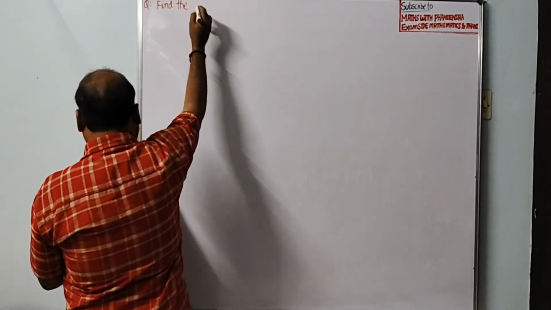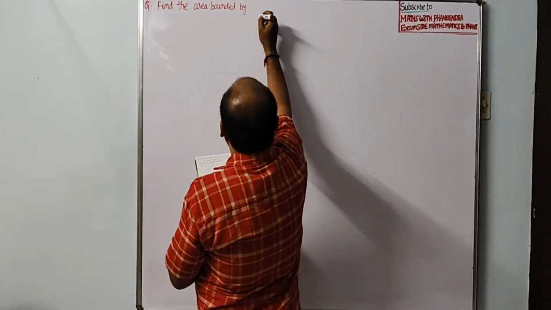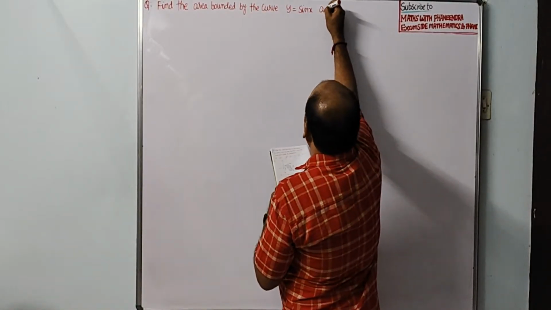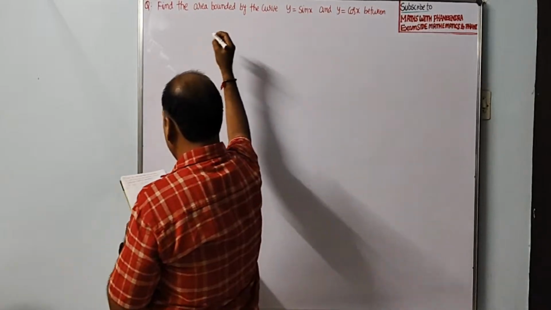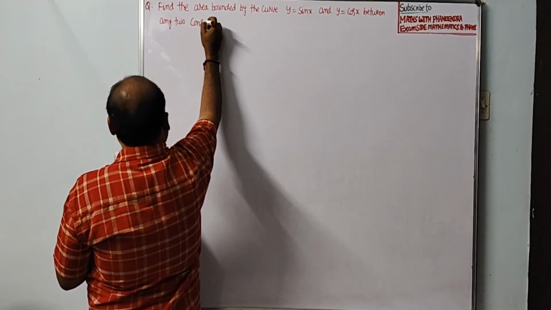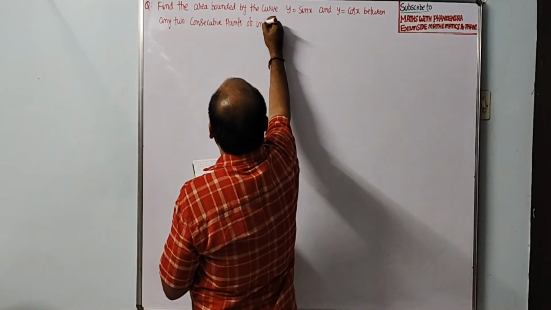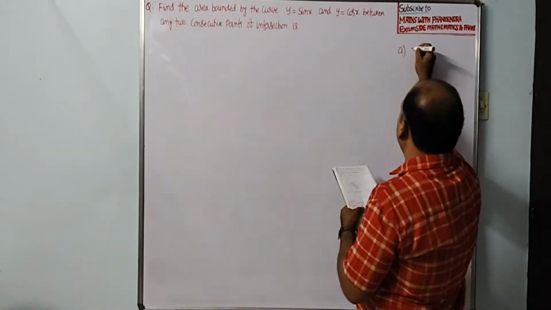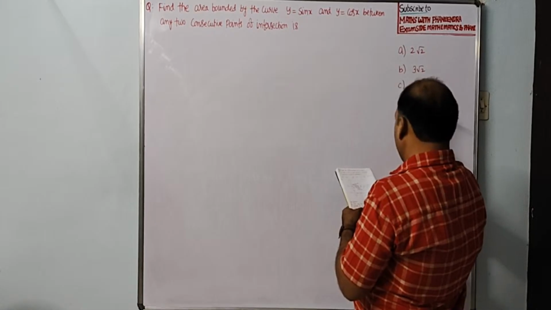Find the area bounded by the curve y is equal to sin x and y is equal to cos x between any two consecutive points of intersection is: first option is 2 root 2, second option is 3 root 2, third option is 2 root 2, fourth option is 4 root 2.